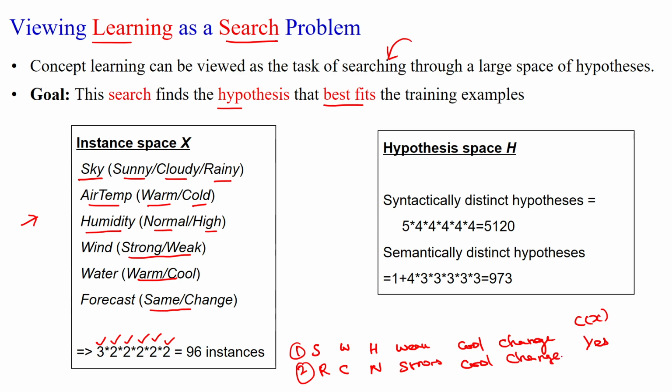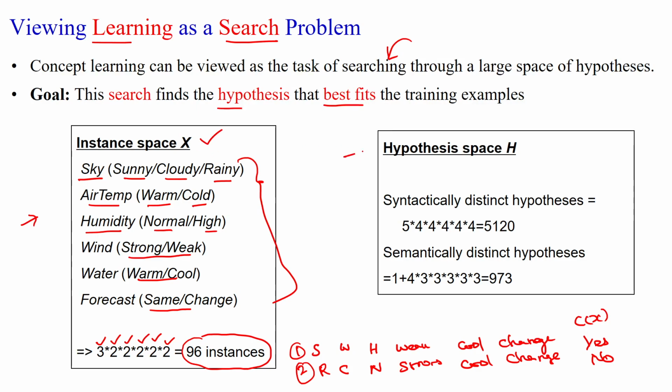So for this sample the target concept may be no. Like this we can create different samples with different combinations. Like that we can create 96 instances by using these different combinations. So that is called instance space capital X.